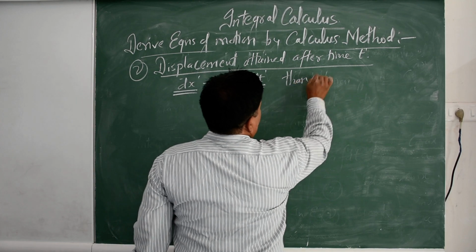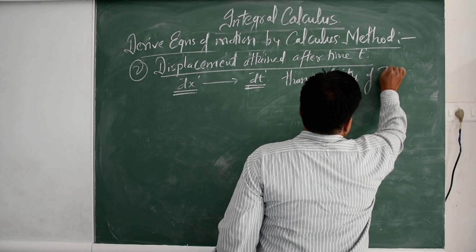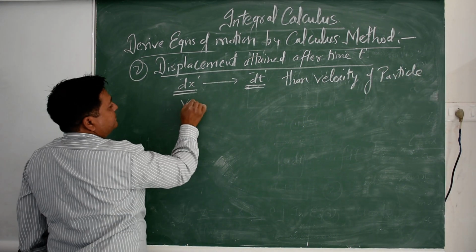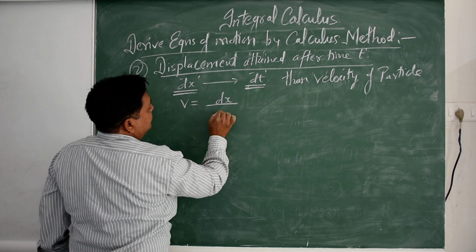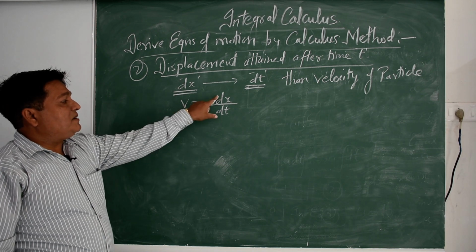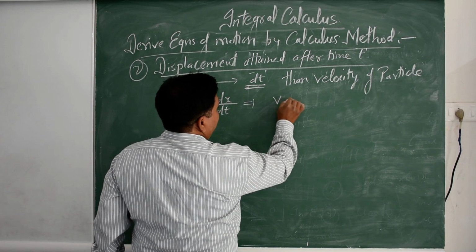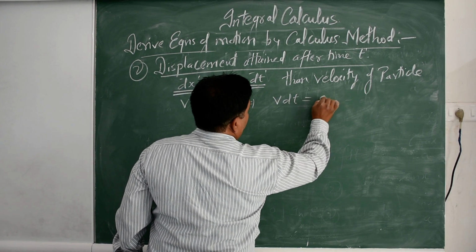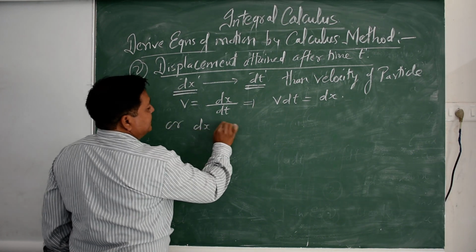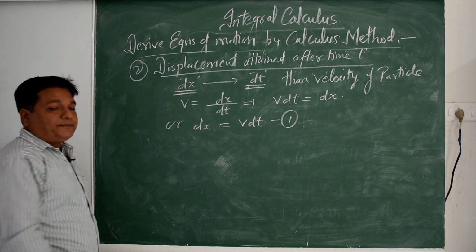The velocity v is equal to the rate of change in position with respect to time, that is v is equal to dx by dt. We can write this as v dt is equal to dx, or dx is equal to v dt. Let us call this equation number 1.